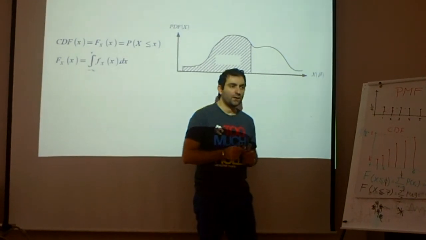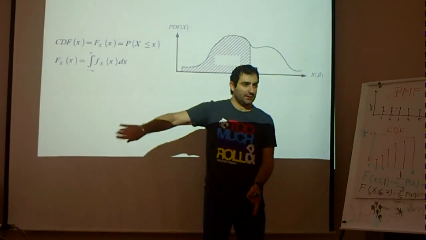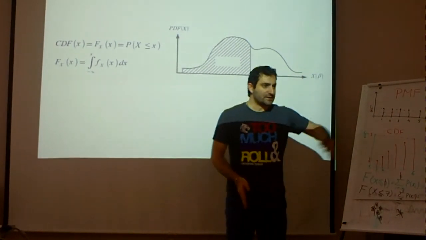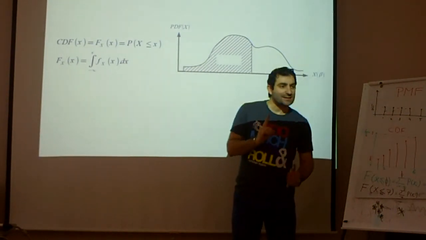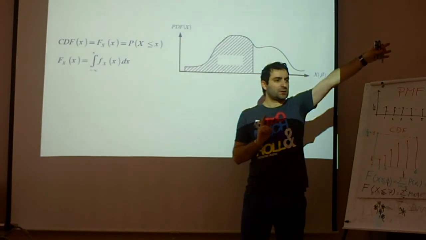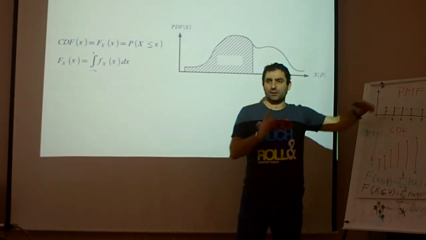It will be 1. Why? Because from minus infinity to 0, it is 0. From 1 to 6, if we add them, we will get 1. From 7 afterwards is also 0. So it is 0 plus 1 plus 0, it will be 1.